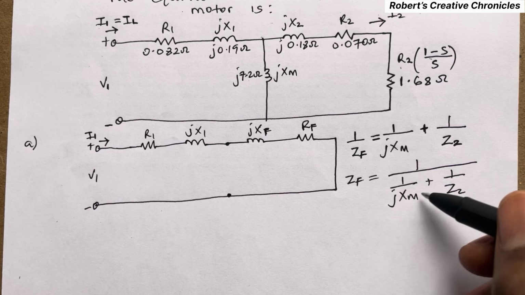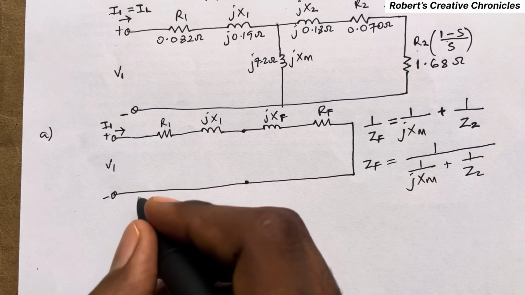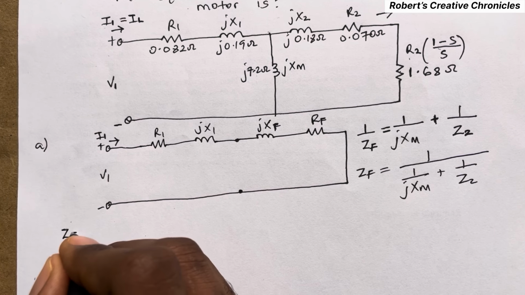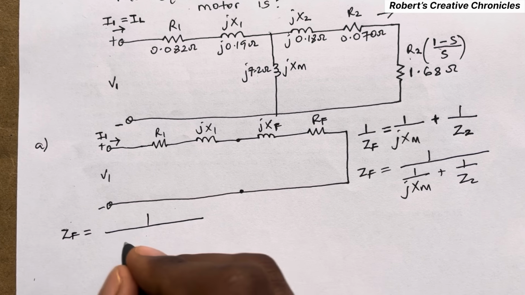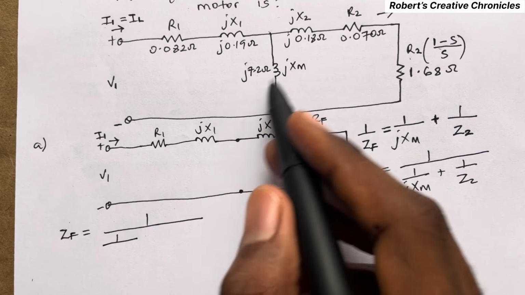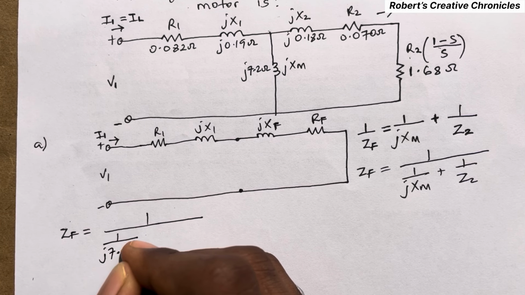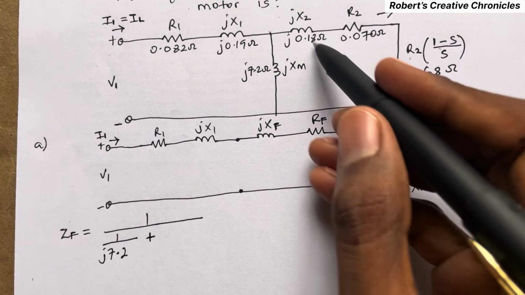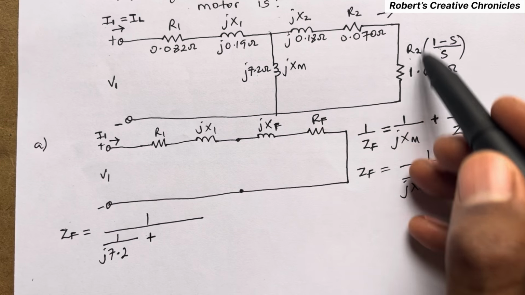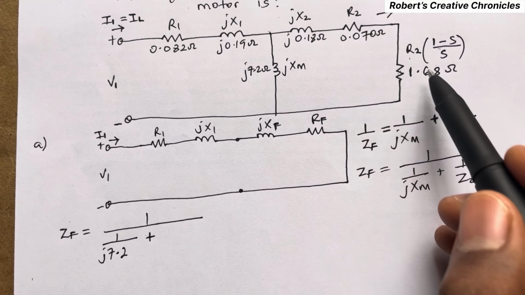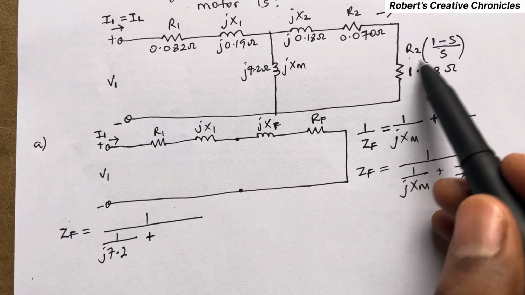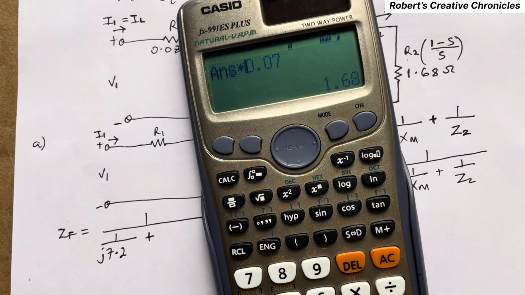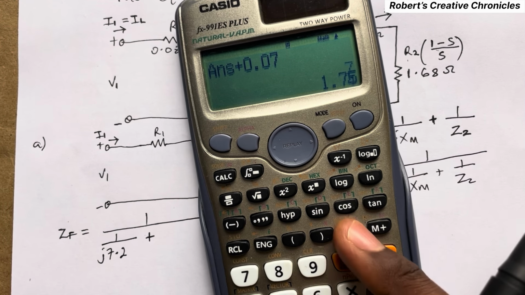Let me call the total impedance of the other branch Z2. So ZF is equal to 1 over JXM plus 1 over Z2. Now we can substitute these parameters. JXM is J7.2. Z2 is here, and these are all in series, and these are resistances. So 1.68 plus 0.07 is 1.75.